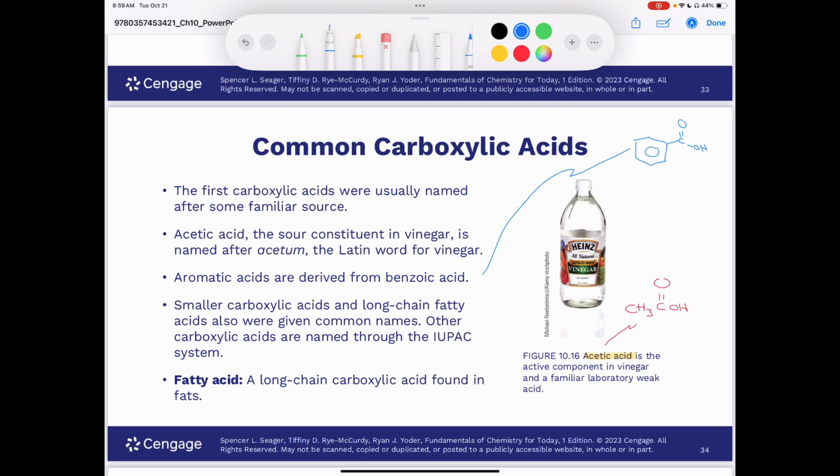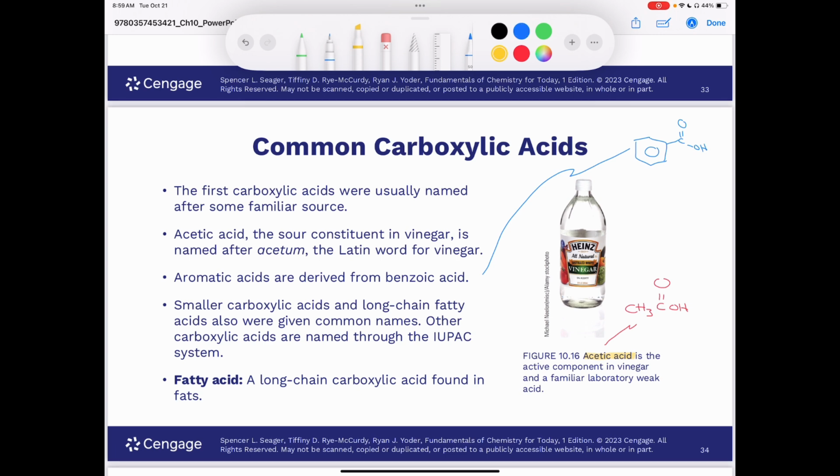Then it says here the smaller carboxylic acids and long chain fatty acids were also given common names. So other carboxylic acids are named through the IUPAC system. So having the common name at your fingertips of acetic acid is handy. And you saw on the previous slide that they provided IUPAC names and common names. But we're going to talk about nomenclature using the IUPAC system.